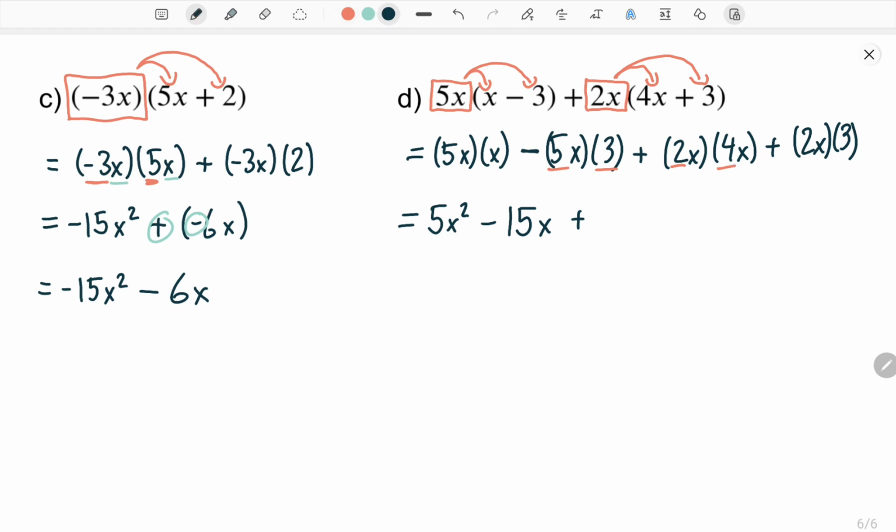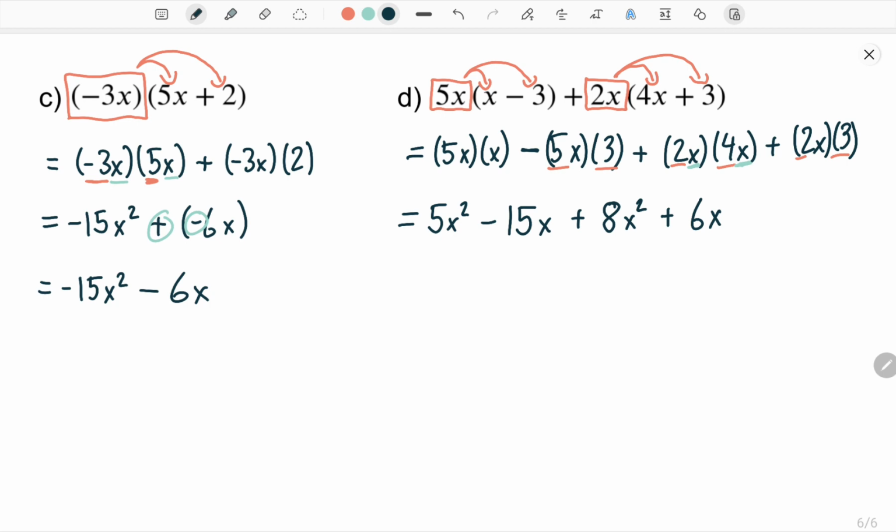We have 2 and 4. 2 times 4 is 8. And let's take a look at the variables, x and x. So x times x, in a sense we have 2 x's there, or x multiplied by itself, which is the same as saying x squared. And then the last part, you have 2x times 3. So the numbers together, 2 times 3 gives you 6, and there's just an x left over there.